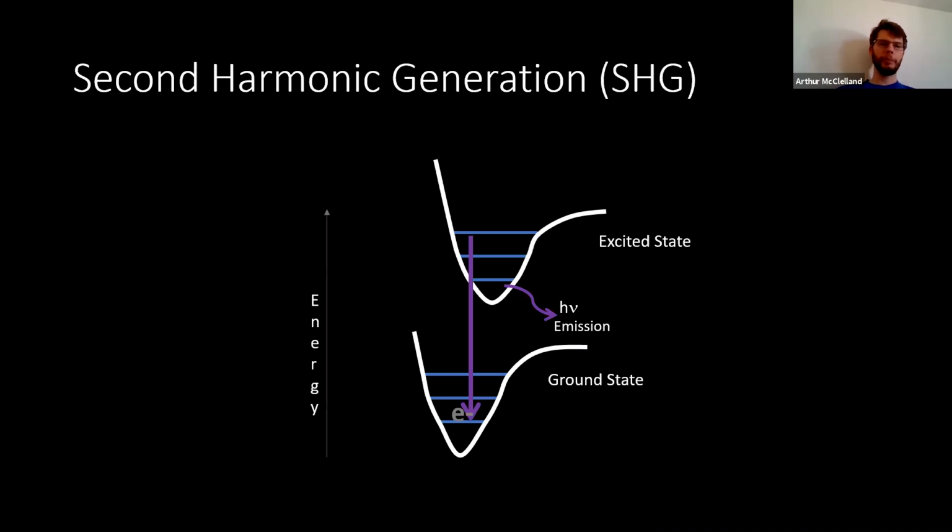So we put in two 800 nanometer photons, we get back one 400 nanometer photon. So our conservation of energy still works. We put in a certain amount of energy, we got out exactly the same amount of energy. We just moved it from packaged in two photons to packaged in one photon.